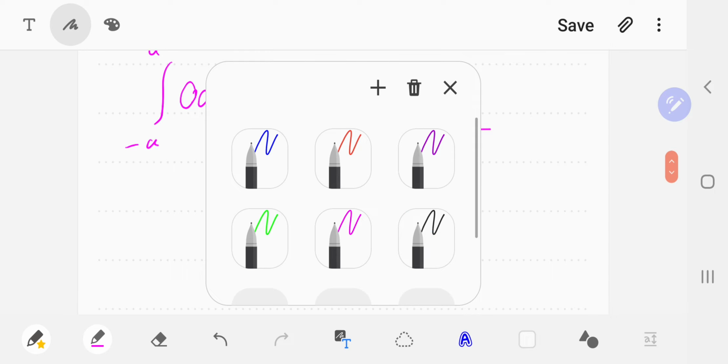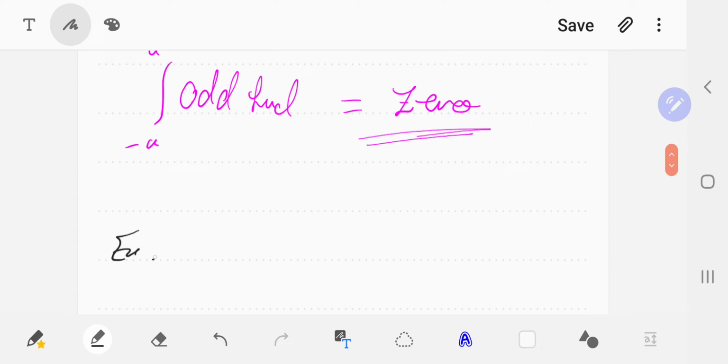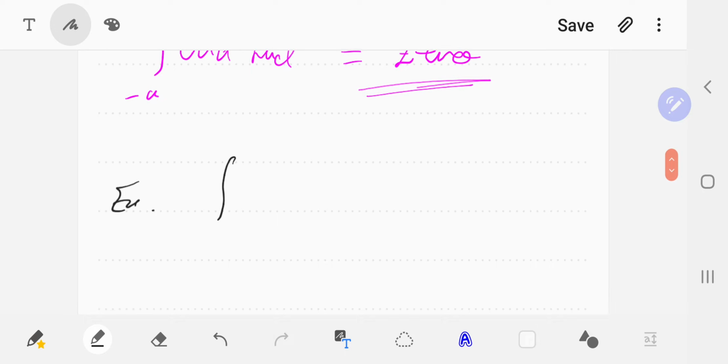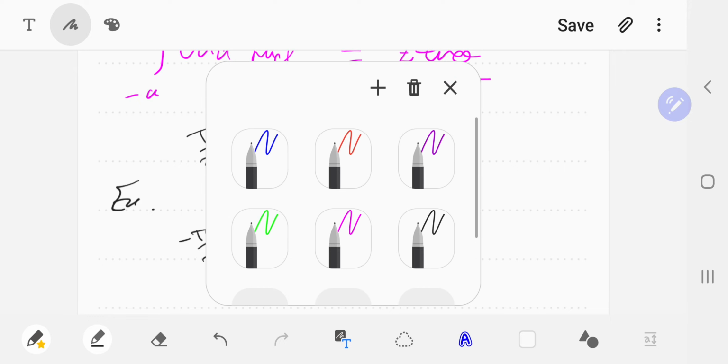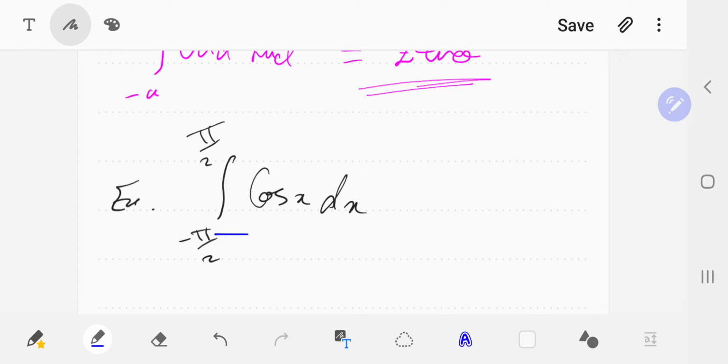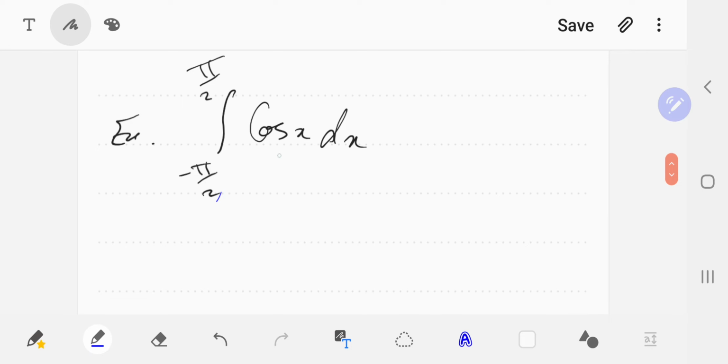For example, if I'm asking you to integrate from negative pi over 2 to pi over 2 of cosine x dx. Why should I think about odd and even? Because I have the same number, positive and negative, negative pi over 2 and positive pi over 2. Now the question is, cosine x, is it odd or even?